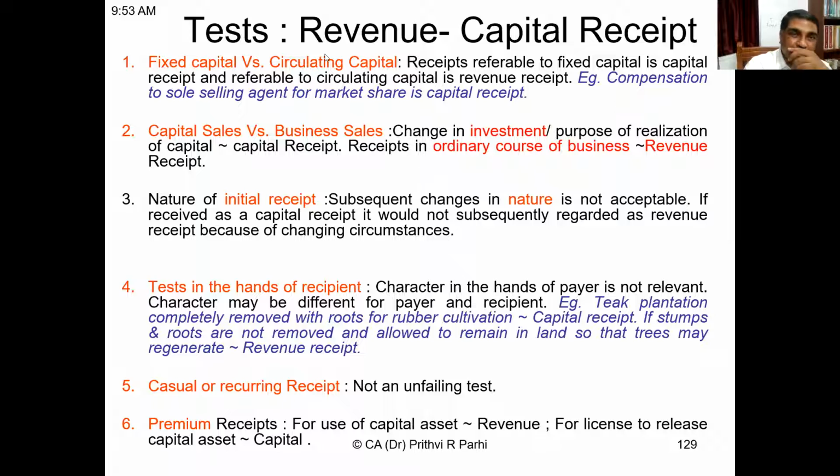For example, initially someone has given you something as a capital donation, say some jewelry. If you analyze it, it was capital. But later on, you started a jewelry shop and converted that jewelry into stock. Now that becomes circulating capital, and ideally it is now a revenue receipt. But what is important for tax purposes is the nature of the receipt at the initial time.